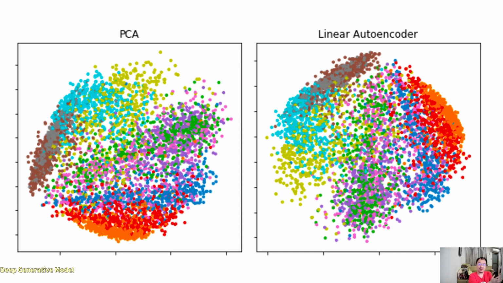Or even if you have some confidence, but you find that you have trouble actually training it successfully, then you can probably try PCA or the autoencoder first.